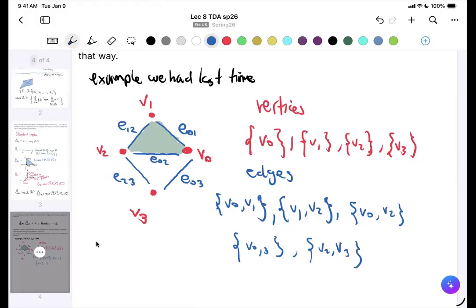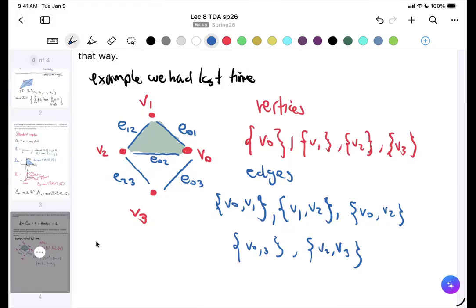That makes sense. And then the triangle is the same: the edges are determined by the vertices, and the triangle is determined by its vertices. That's the point of the complex form stuff. You only need to know the vertices to determine it.